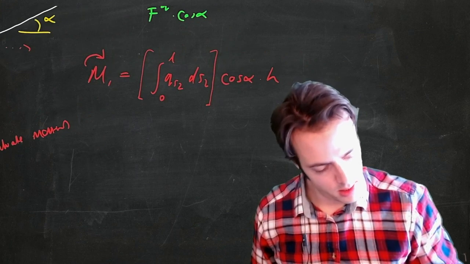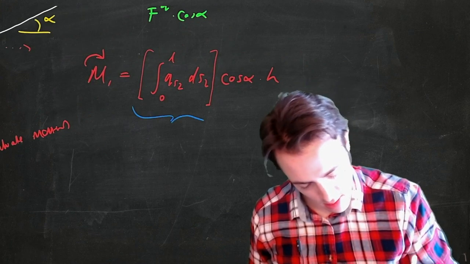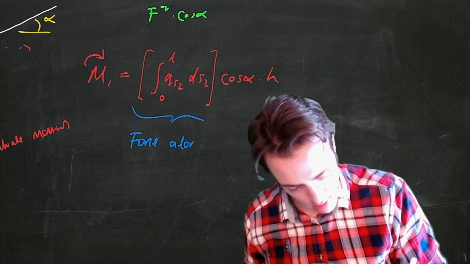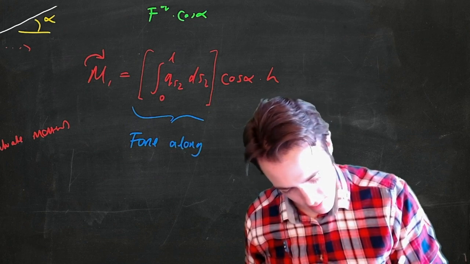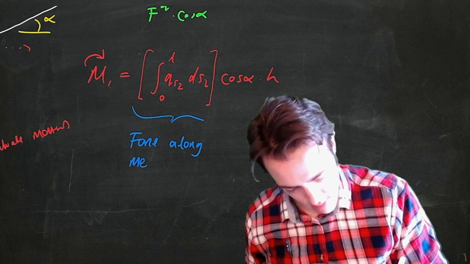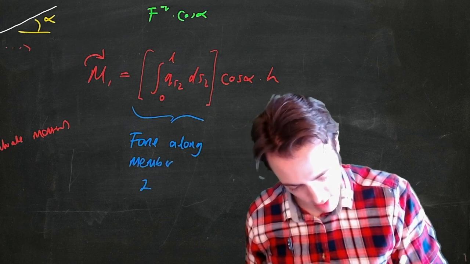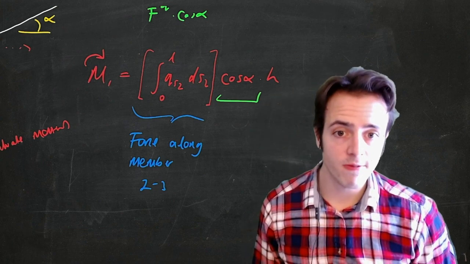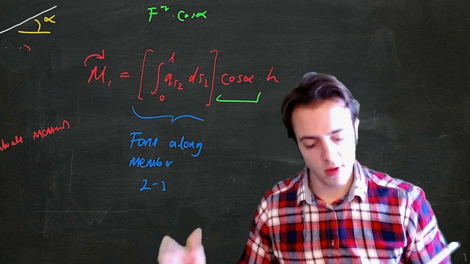Okay? So this is force along member 2 to 3. This bit here gives me the component of force that's acting normal to the moment arm.